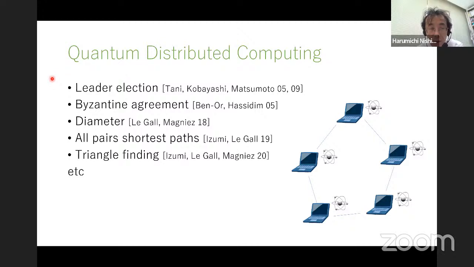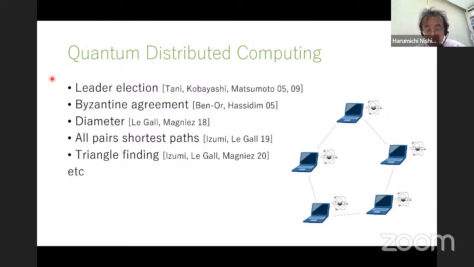This talk is about distributed computing, where several computers are connected by wires, but are all distributed, and the task is to solve some problem, for example leader election and the Byzantine problem.